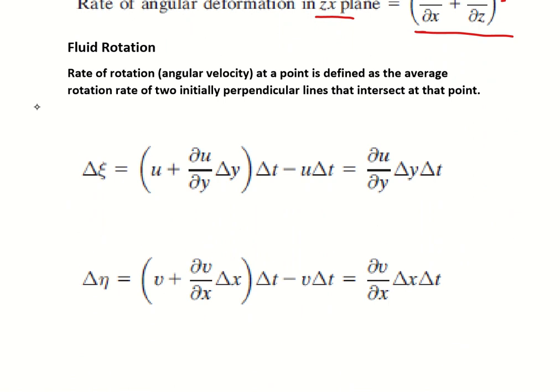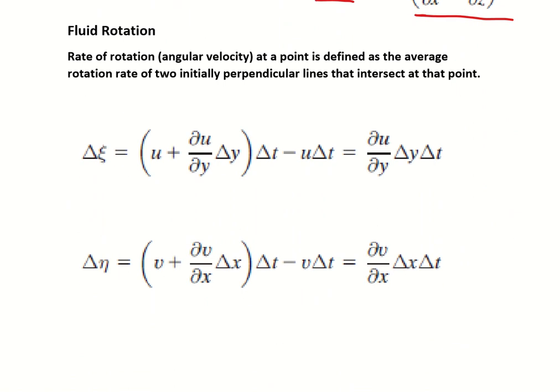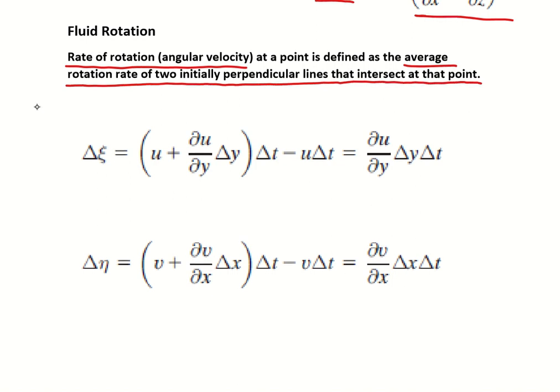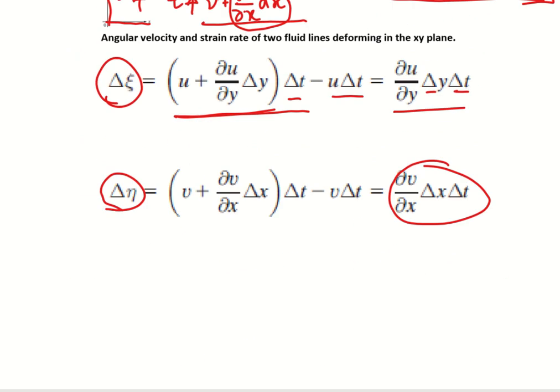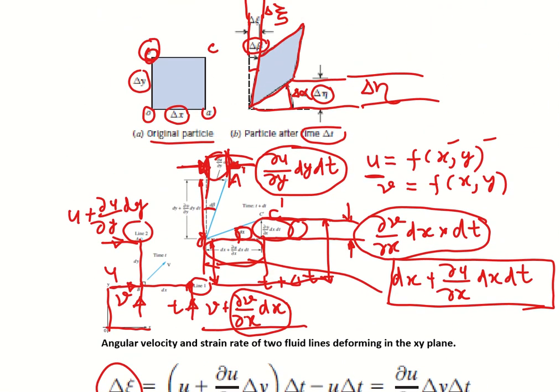Now we shall discuss fluid rotation. First we will define the fluid rotation and then we will quantify it. The rate of rotation, also termed the angular velocity at a point, is defined as the average rotation rate of two initially perpendicular lines that intersect at that point. So in this case we have a point O, and here we have these two mutually perpendicular lines, line number 1 and line number 2.